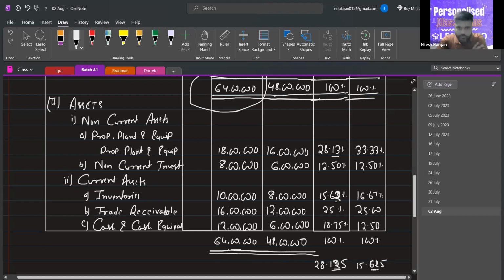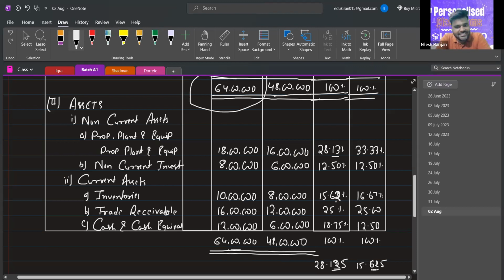Okay. So any other question? No, sir. Actually, this is a very simple topic, common size statement. It is easier than the comparative statement, I think. What do you think? Which one is easy?